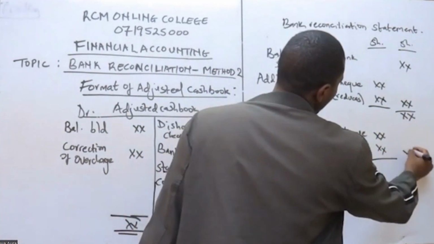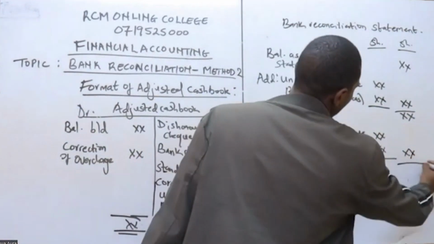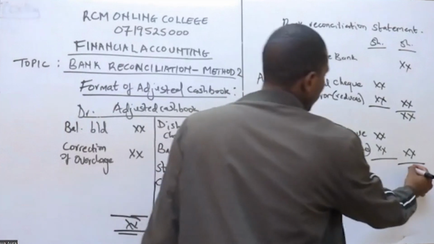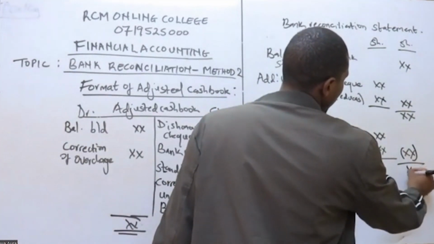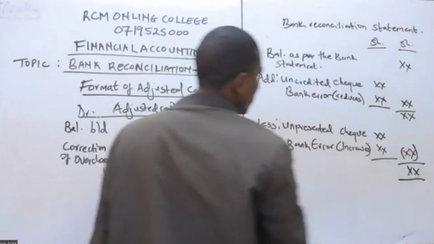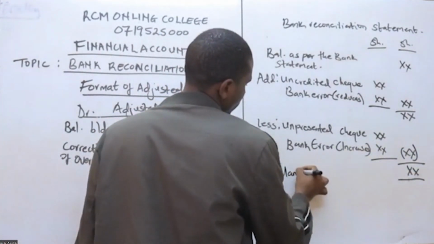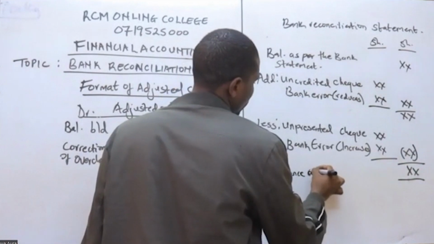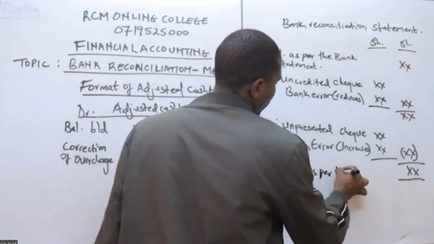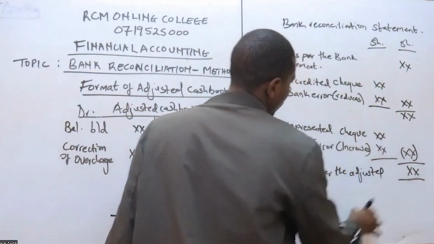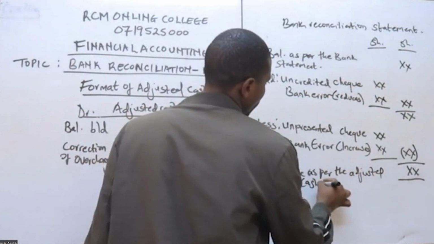You know those errors. Then you subtract this error to get the balance as per the adjusted cash book.